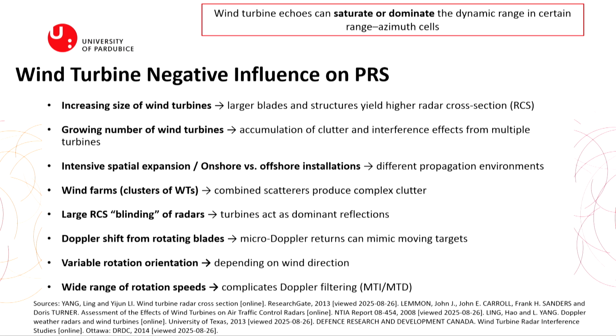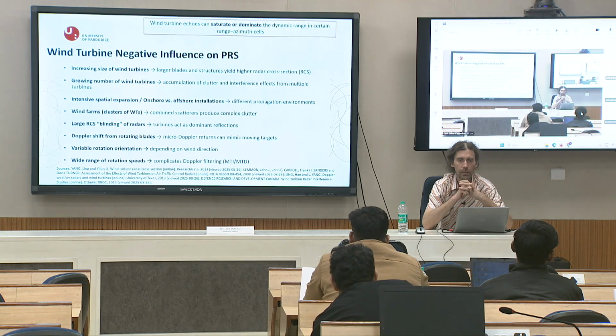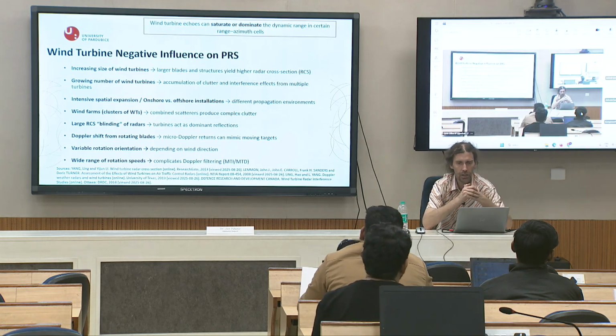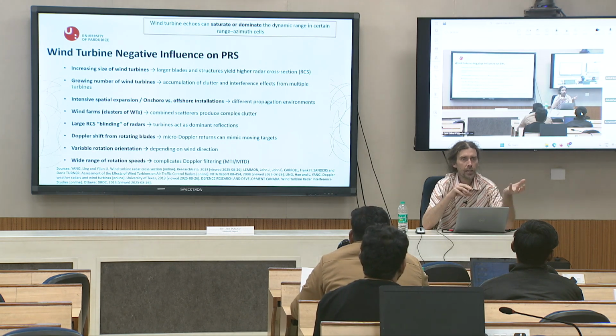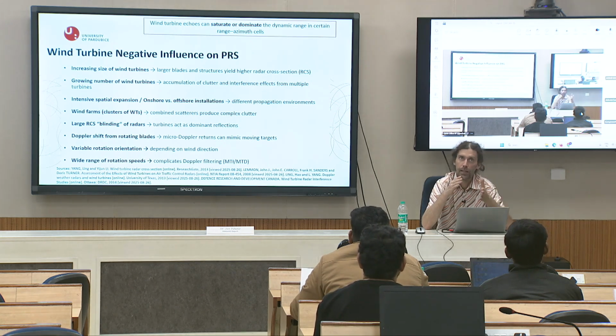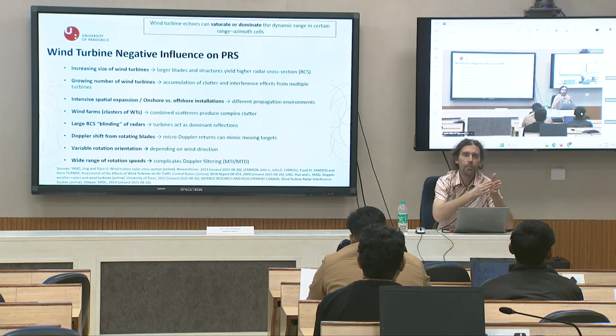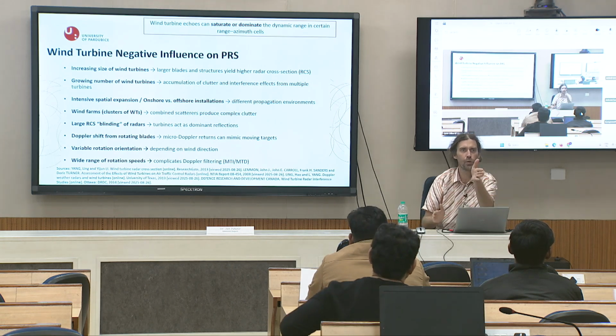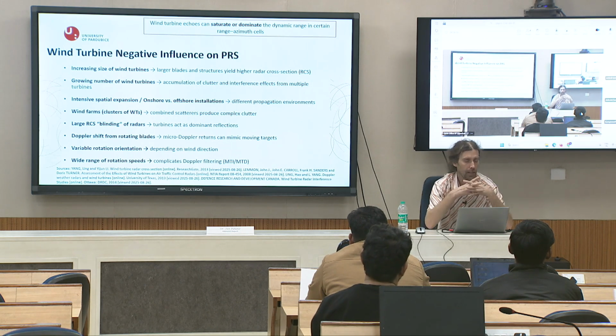We previously computed an example where the radar cross section of the target was about 2 square meters, and the reflection from a wind turbine RCS could be from 110 square meters up to 1000. It depends on the rotation, the yaw, the angle between the PRS and so on. So it is really complicated.